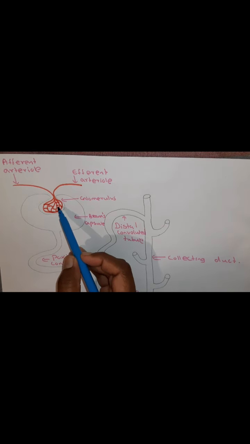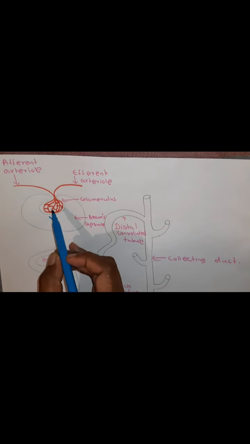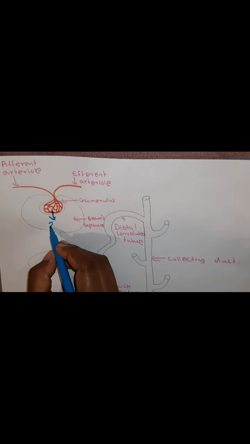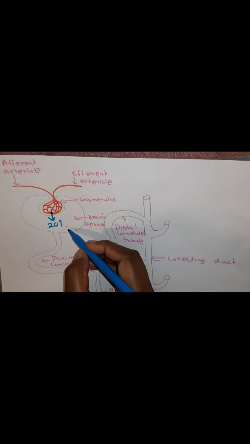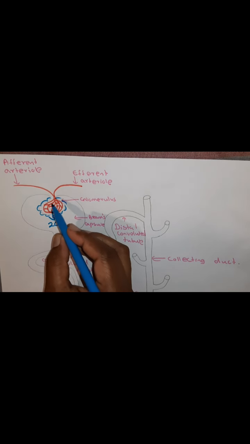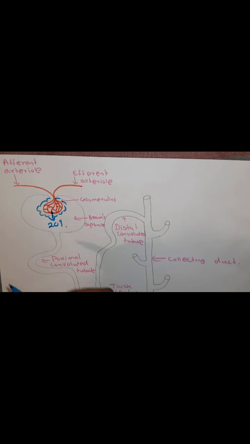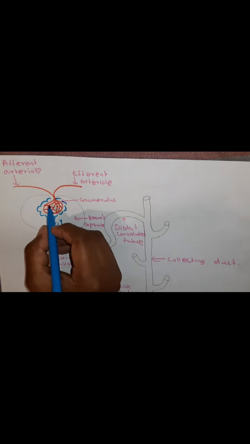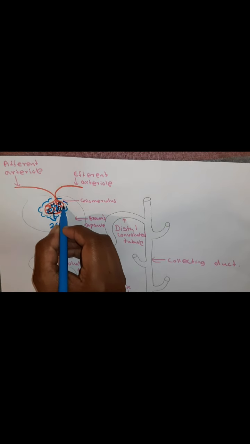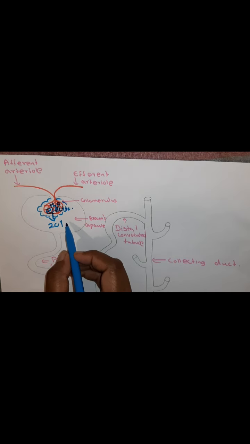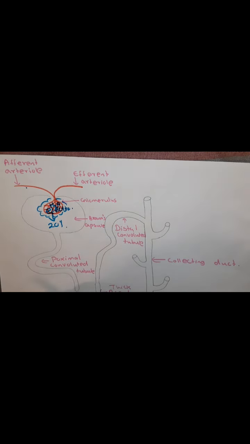Because of these capillaries, there is a huge hydrostatic pressure inside the glomerulus, where 20% of the plasma may filtrate into the Bowman's capsule through these pores. Because of the high permeability of these capillaries to water and other electrolytes, those will filtrate through the pores into the Bowman's capsule, around 20% of this plasma.